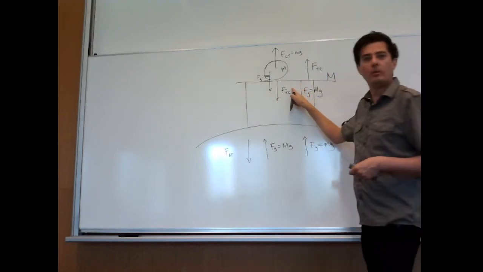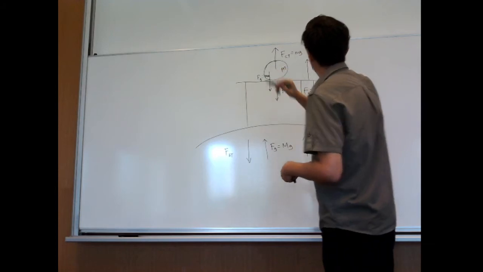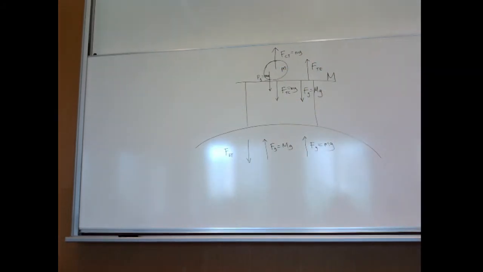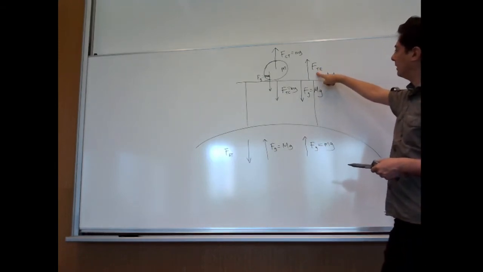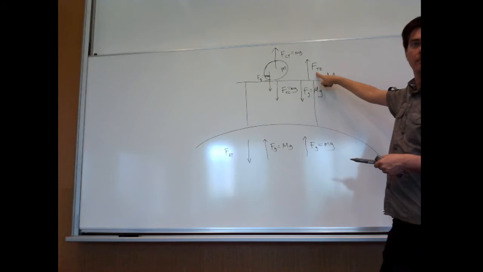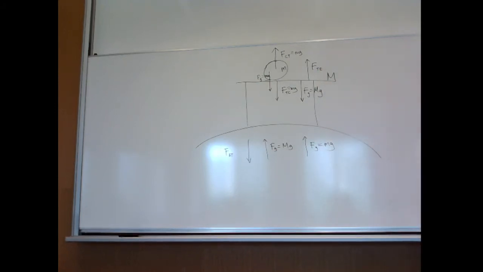Then by Newton's third law, these are equal and opposite, right? So this is also little mg. Okay. And then what's this one going to be, actually? F_TE.